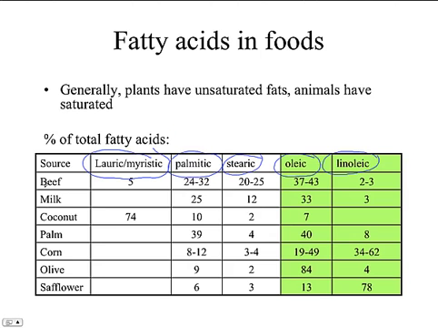So if we look at some typical sources of fat in our diet, for example, beef, people tend to eat a lot of beef. The predominant fats in beef are largely derived from the saturated fats, palmitic and stearic acids. Usually at least about 50% of the fat in beef will come from these sources. A fairly large portion is derived from oleic acid, which is a monounsaturated fatty acid.